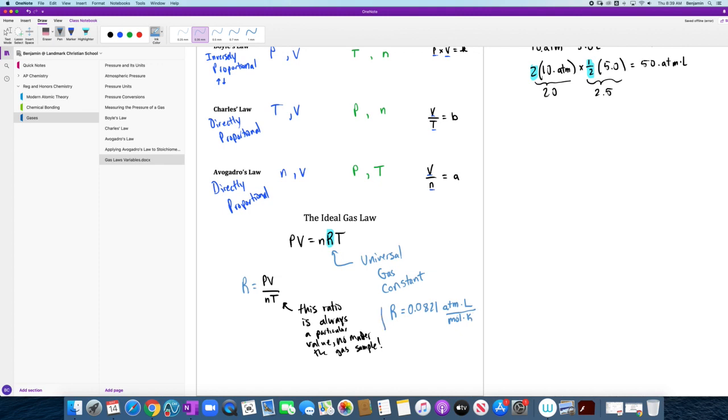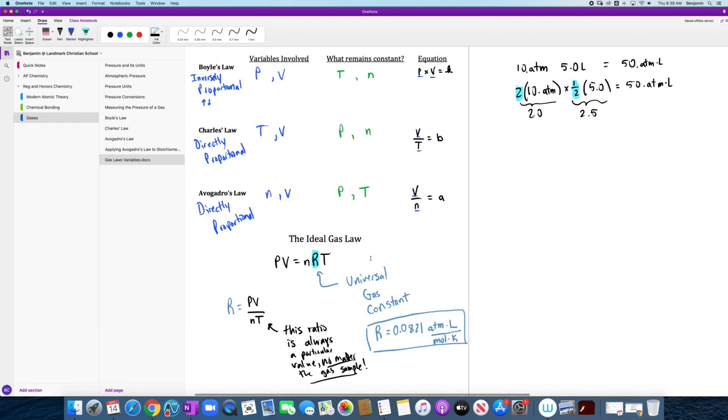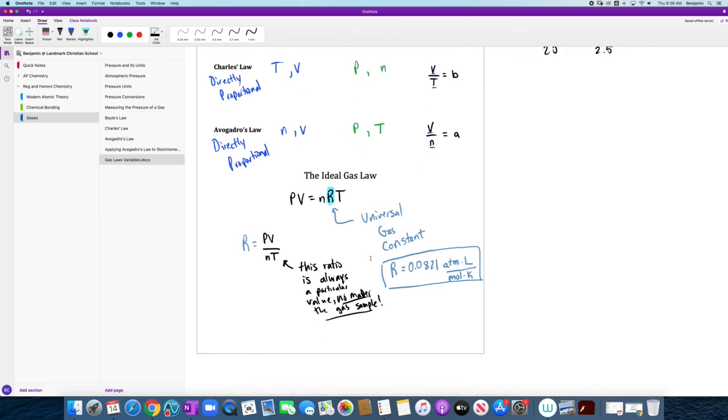So that right there is the value of a really important constant in nature, the universal gas constant, and it holds true for any gas sample. So no matter the gas sample, R shows up. Okay? And so we're going to have a little bit of practice to see how this ideal gas law works.